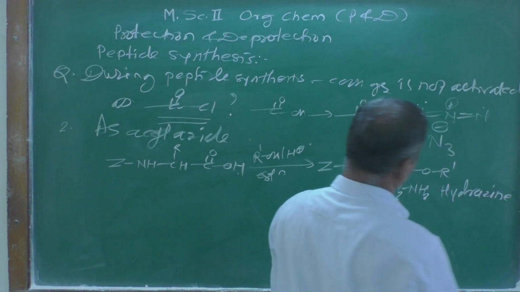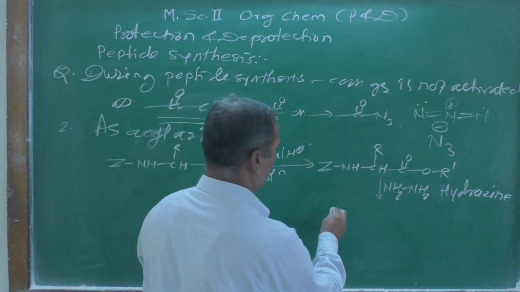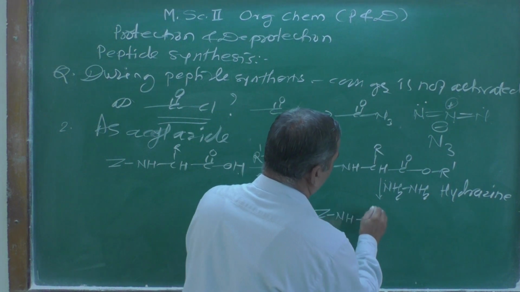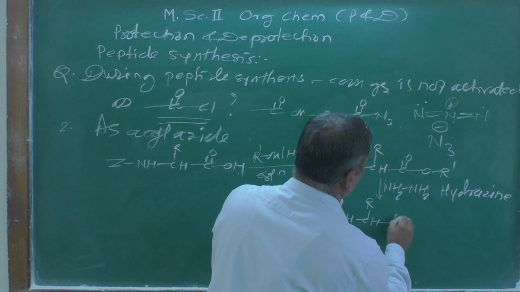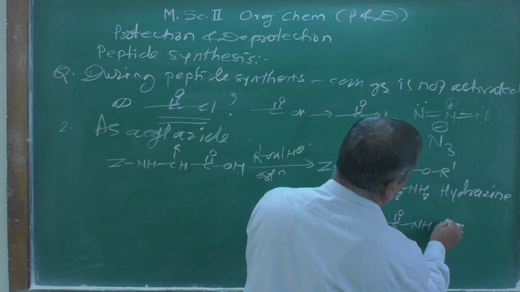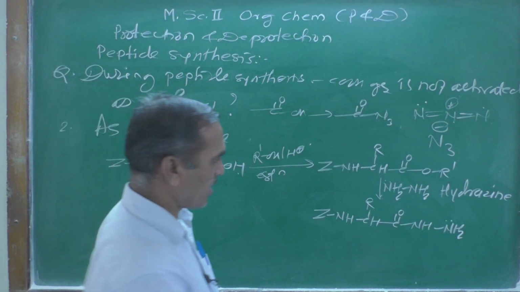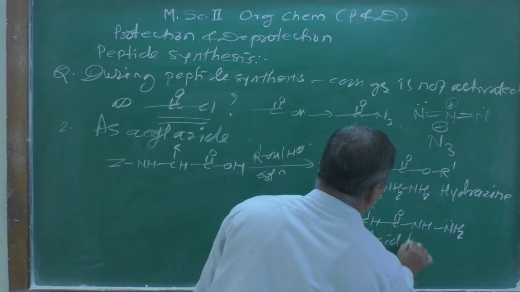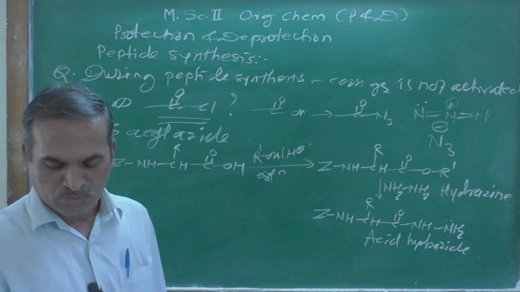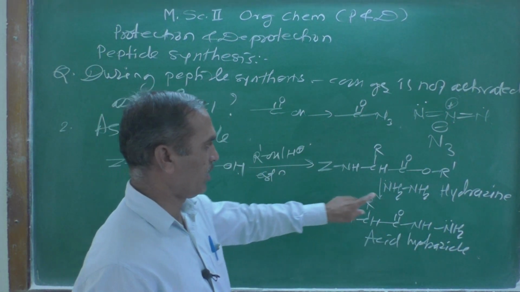When this hydrazine reacts with that ester, finally you will get the product NH, then CH, this R as it is, then C double bond O, NH, then NH2. This type of compound you got is nothing but acid hydrazide. This is called acid hydrazide derivative.